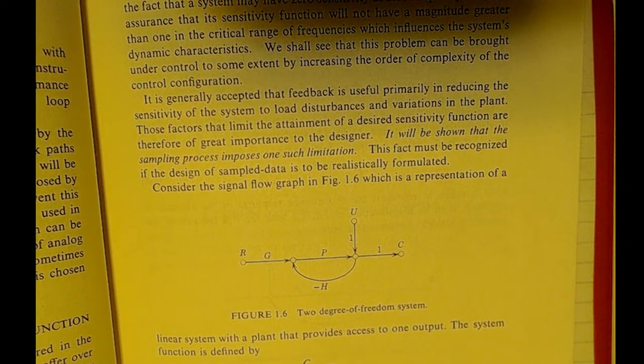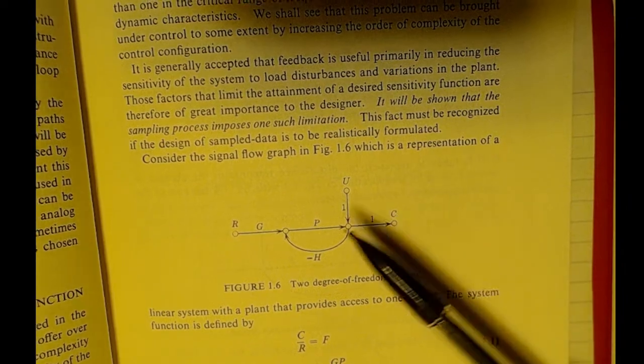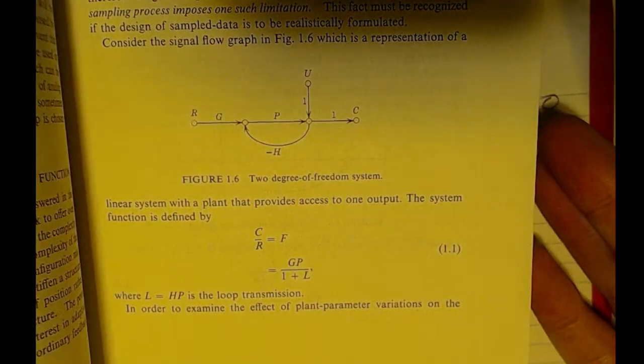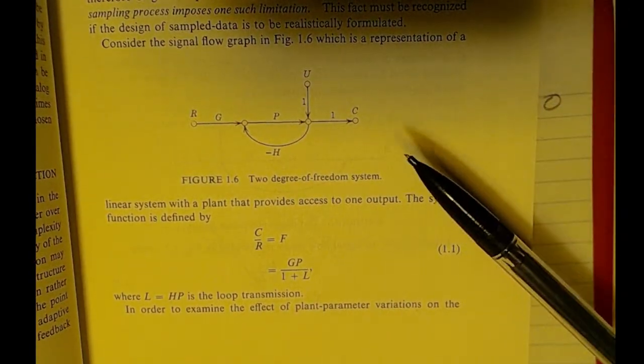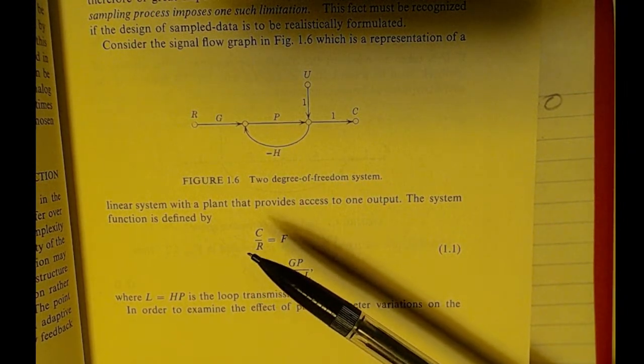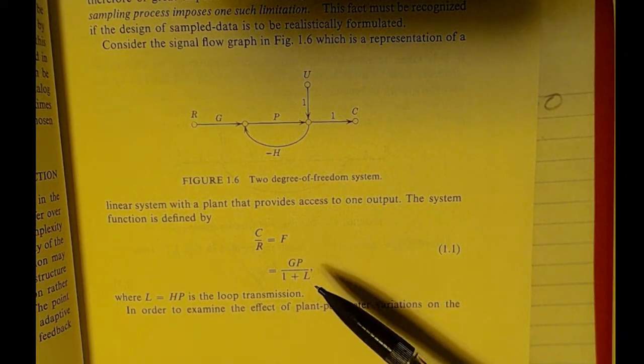Oh, wait. Is this drawing the representation of our control system? Because I noticed they use R for reference and C. Well, I've been calling this C for controlled system. I don't know what U is. C over R is equal to F. Okay, that makes sense to me.